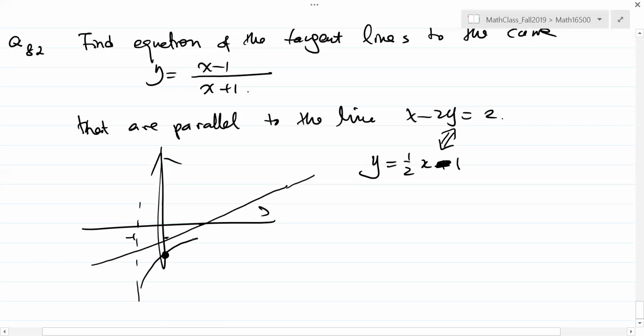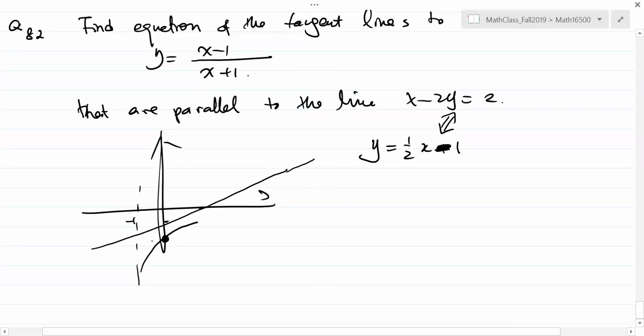So we are looking for the tangent line such that the tangent line is parallel to the given line. So the slope of this tangent line is going to be 1/2, right? As long as another line has a slope of 1/2, that line is parallel to the given line.